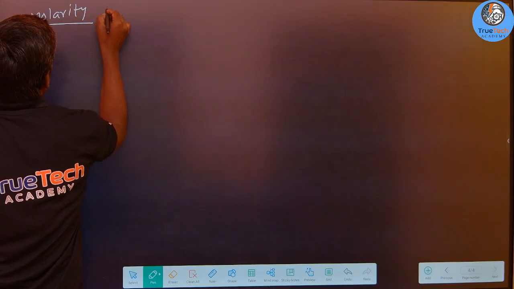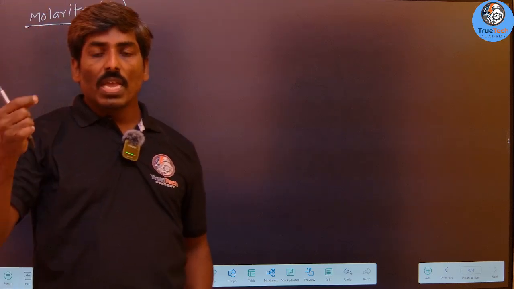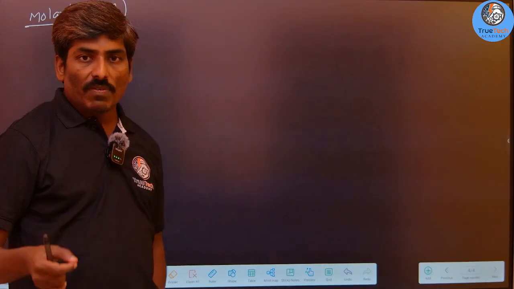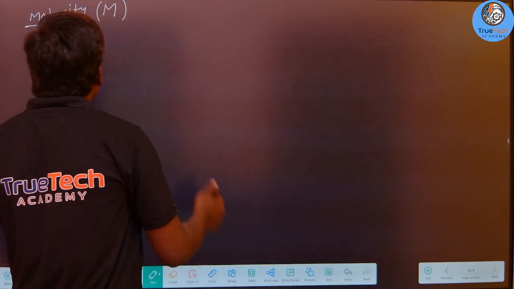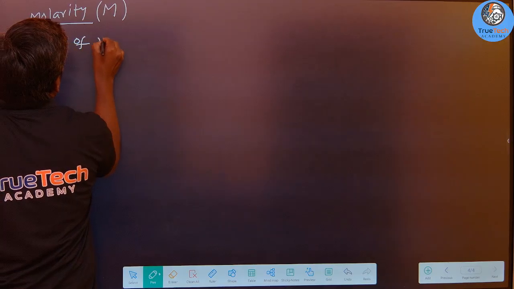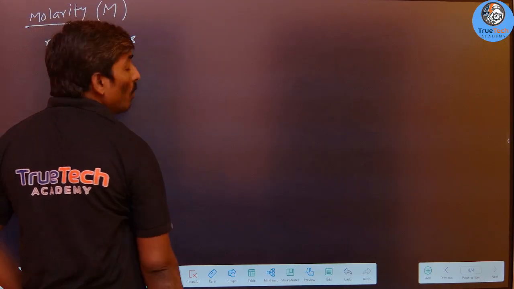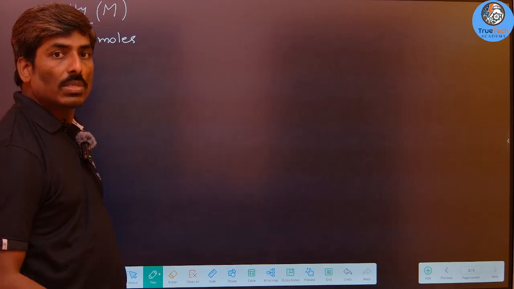Next our concentration term is molarity. It is represented by capital M. First I will write the definition, and from that you can understand how to write the formula. Molarity says: number of moles, because here we require moles, what I explained previously, the moles and its formula.